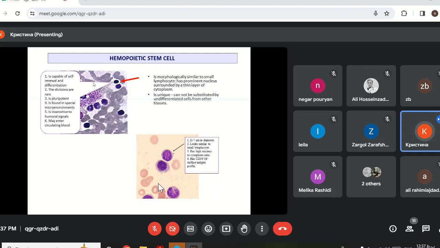Because if all the stem cells at once differentiate, we will not have any more other stem cells. We want to have some pool of non-differentiated stem cells always. So the surrounding cells release some specific substances to maintain the pool of non-differentiated stem cells.